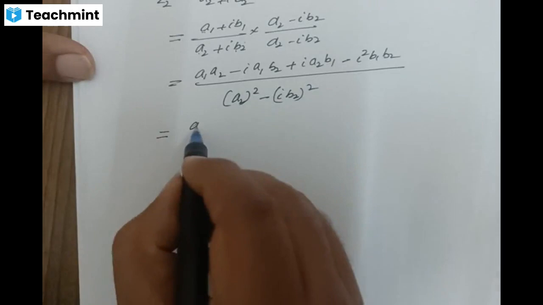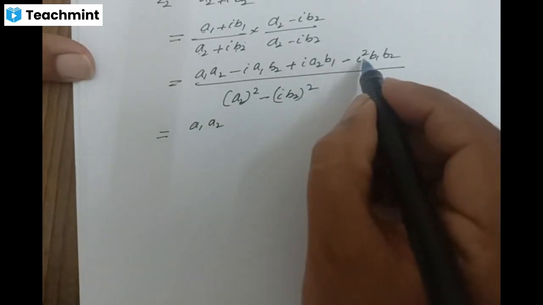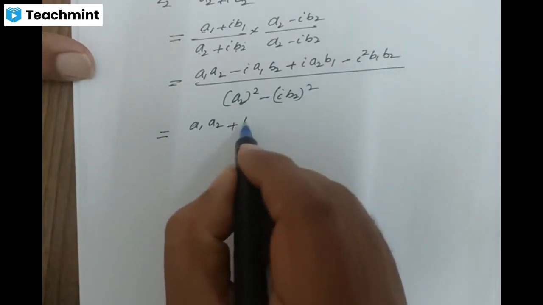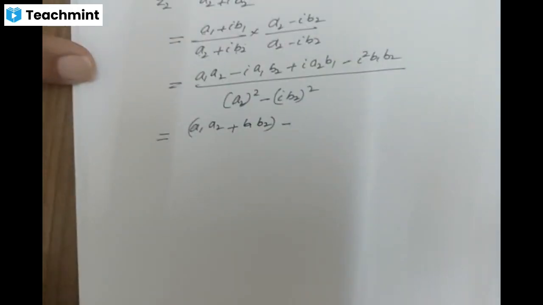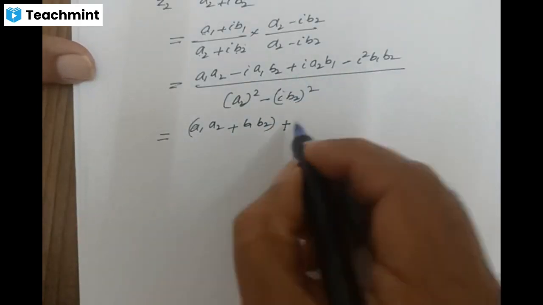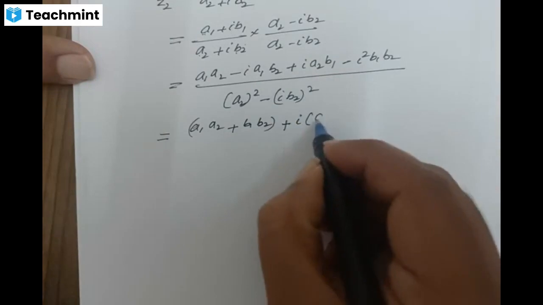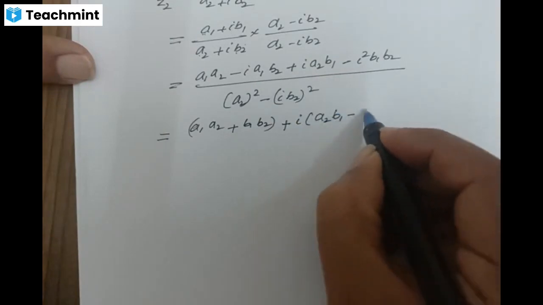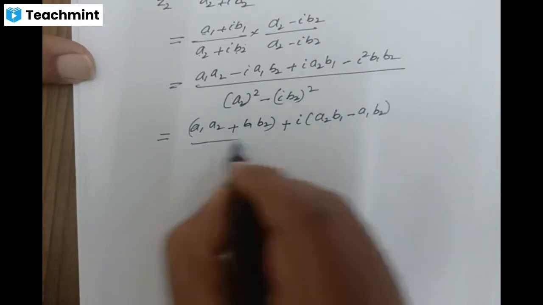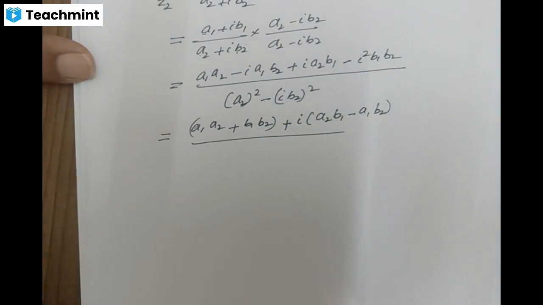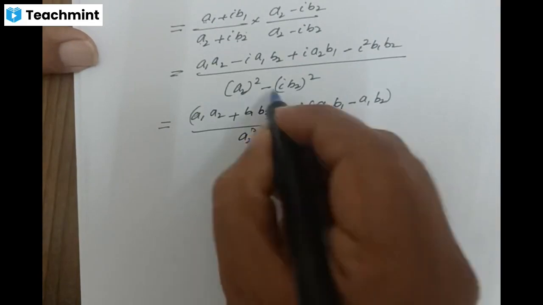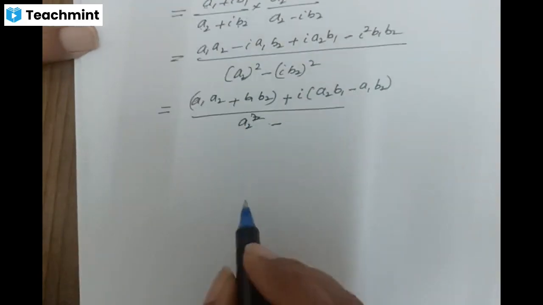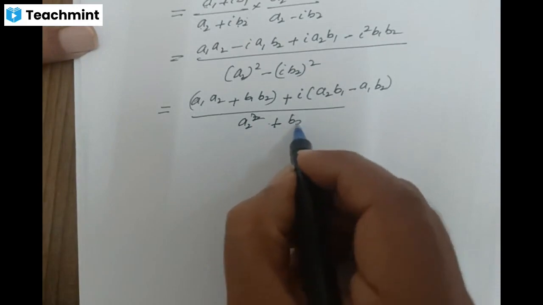Next we can write a1 a2. i square is minus 1, minus into minus is plus b1 b2. Then you take i common: first I will write the positive term, a2 b1 minus a1 b2. Denominator is a2 square minus i square b2 square, which is plus b2 square.